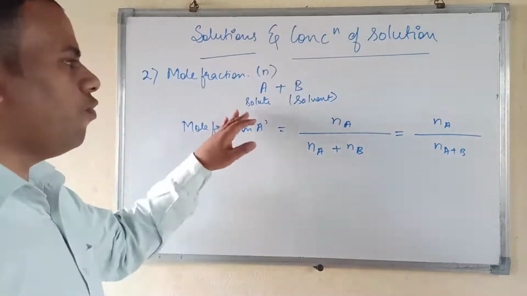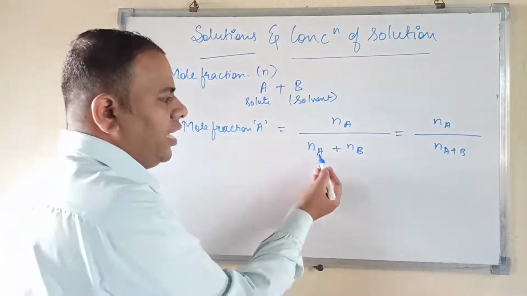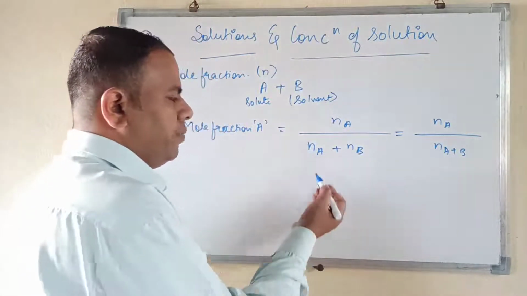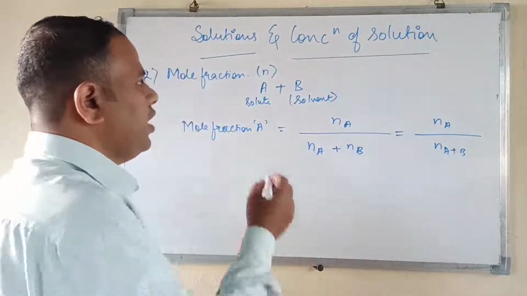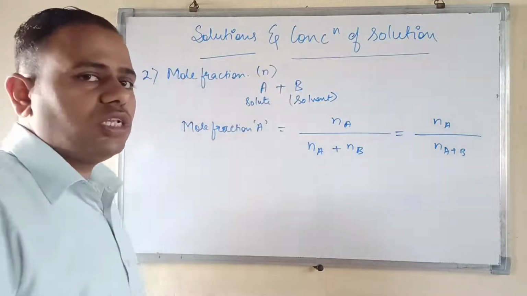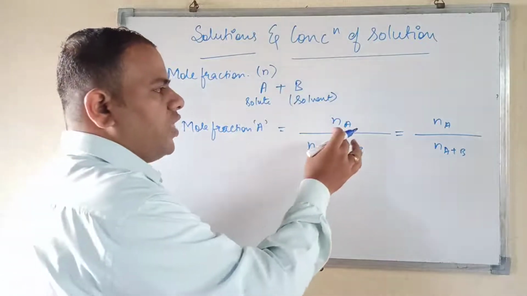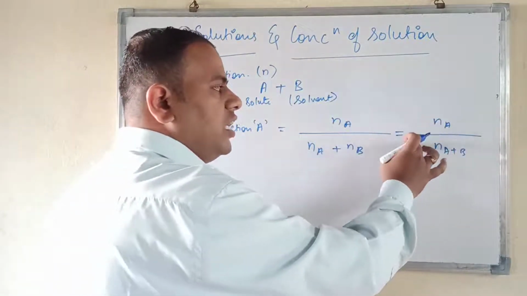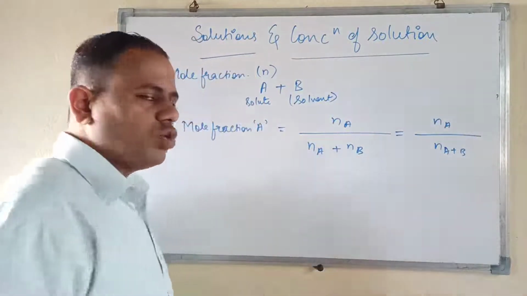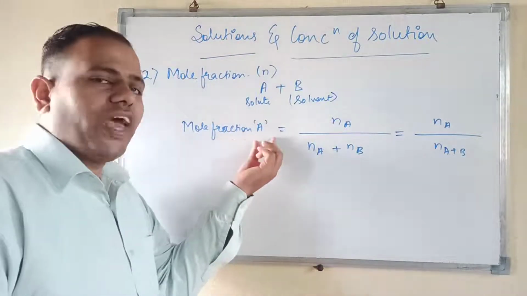The total number of moles of the solution will be n of A plus n of B, meaning moles of A plus moles of B. Out of that, the number of moles of A divided by the total number of moles of solution gives you the mole fraction of A.